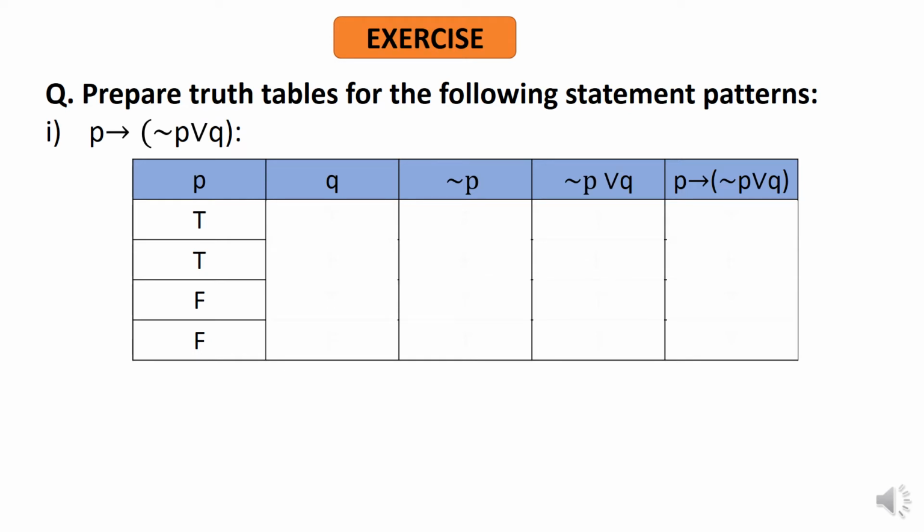What about Q? Q again will have 2 values true and 2 values false depending upon the values for P. Therefore, Q will be T, F, T, F, as you can see over here. Now these 2 columns are going to remain the same in all the sums which involve only P and Q.